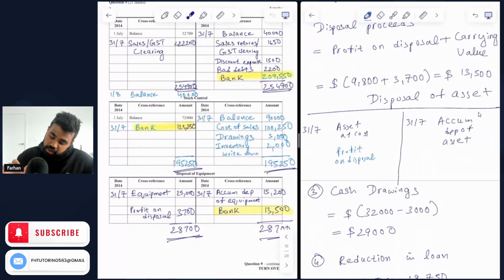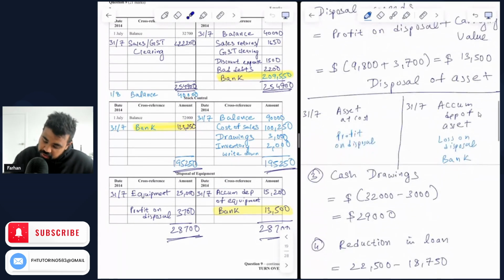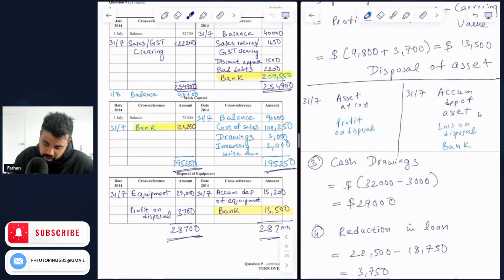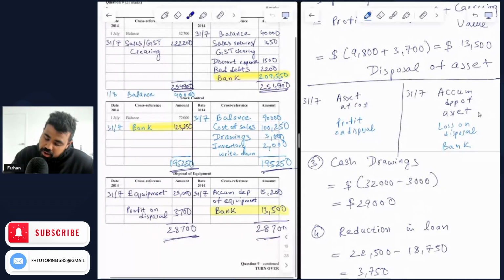If you had a loss, you would show it on the credit side of the disposal account, and if you have a profit, you will show it on the debit side. And this amount that you can see in bank refers to the cash that you receive by selling your asset.